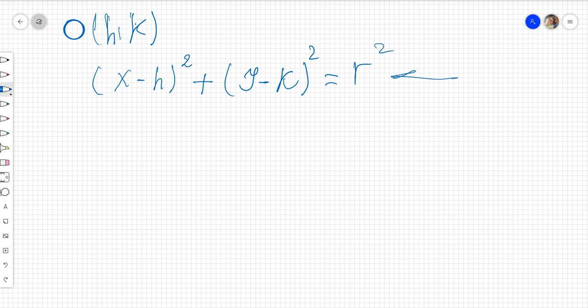I believe it is similar to the distance on the xy plane.